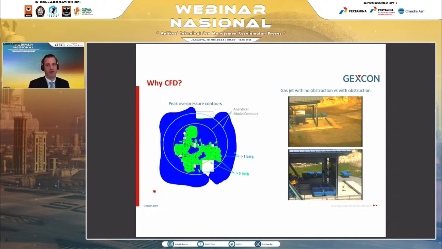But as you can see on the result on the right, with a change in the wind speed only, suddenly the analytical tool is significantly under-predicting the extent of dispersion. And this is chlorine gas in a city centre, by the way.